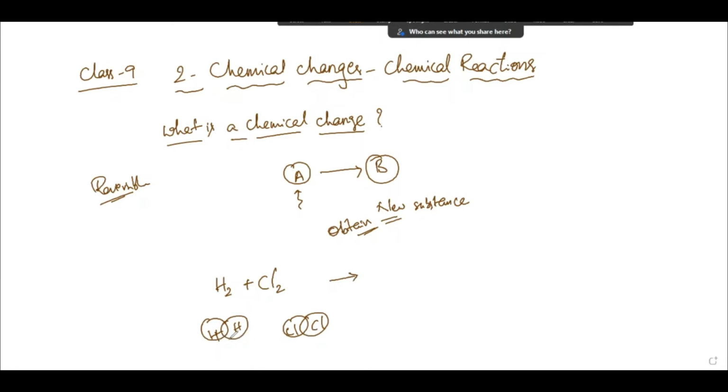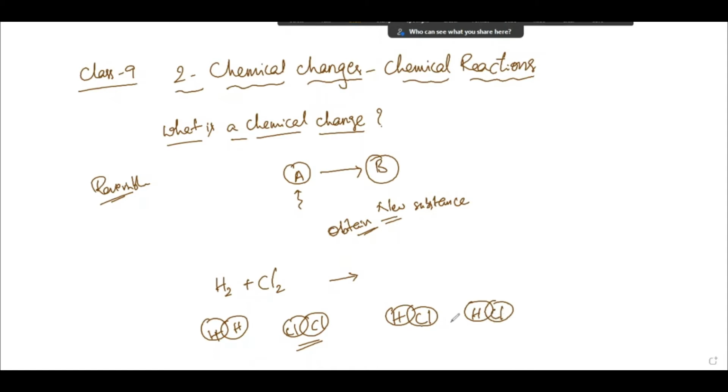Here two hydrogens are combined together, so these two hydrogens will be separated, and these two chlorines also will be separated, and one chlorine will combine with this hydrogen and the other chlorine will combine with this other hydrogen.